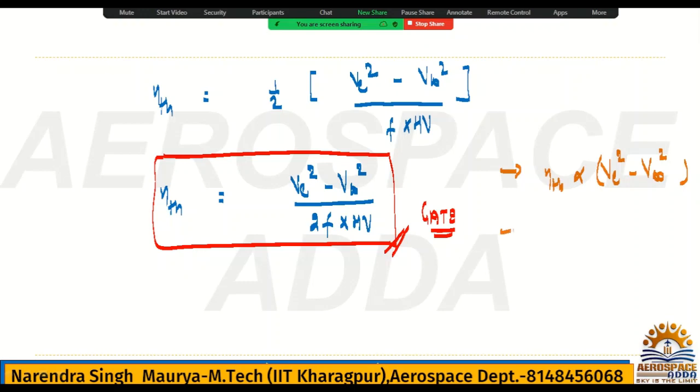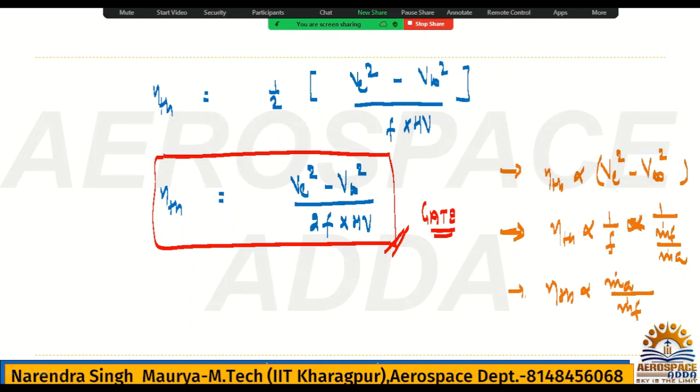Second, very important: eta th is inversely proportional to f. That means it is inversely proportional to m dot f by m dot a, or you can say thermal efficiency is directly proportional to m dot a divided by m dot f.